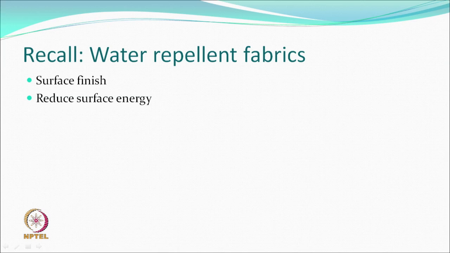How did we treat and what did we achieve? We achieved low surface energy. So, one has to understand, and I think we left a question mark sometime as to what do you mean by reducing the surface energy. Hopefully, you recall all that.